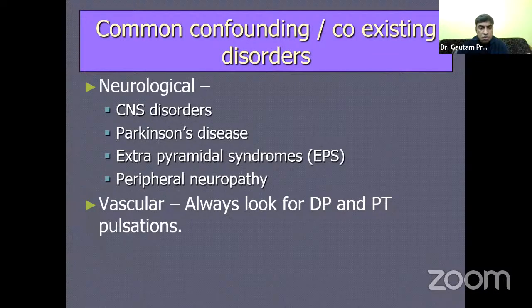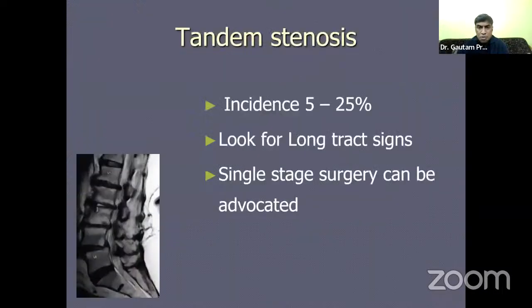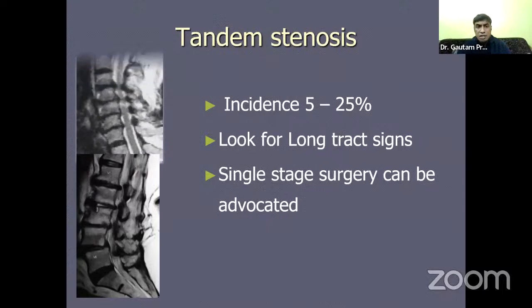Vascular reasons I've already mentioned before. And there's something called tandem stenosis. This is a vague term, but it's used for coexisting cervical as well as lumbar stenosis. In our experience, we have found that up to 5 to 25% of patients with lumbar canal stenosis have a coexisting cervical stenosis.